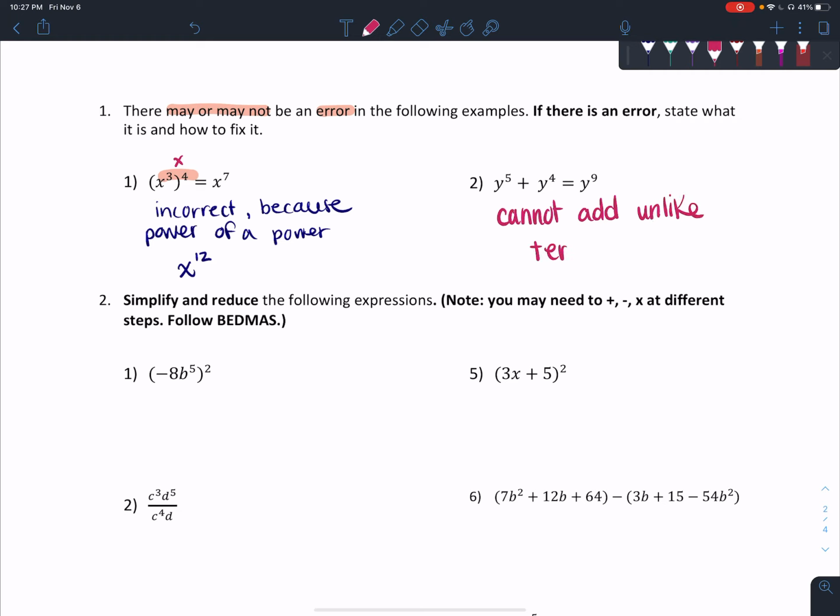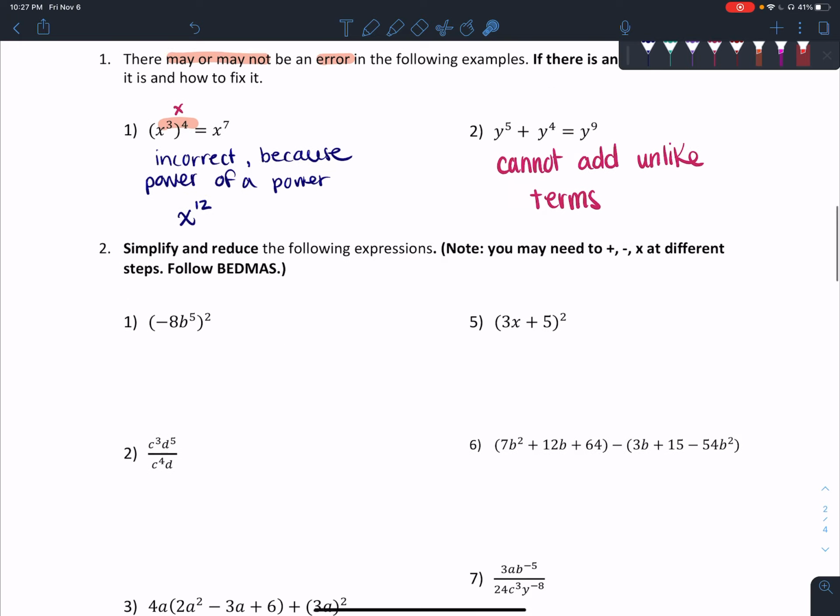Remember, like terms are any terms with the same letter, so the variable has to match, and the exponent on that variable has to match. In this case, we have the same letter, that's fine, but the exponents on our y's don't match. That's why we can't add these two together, because they're not the same type of thing. This is a y to the 5, this is a y to the 4. You can't add those up.